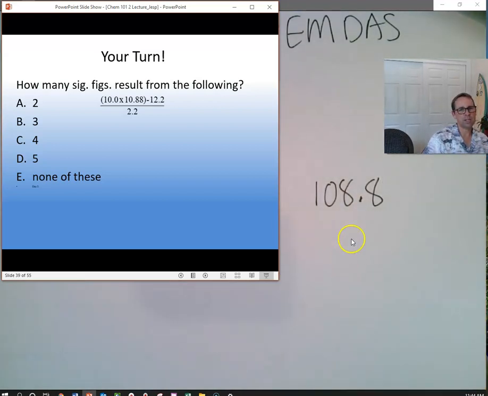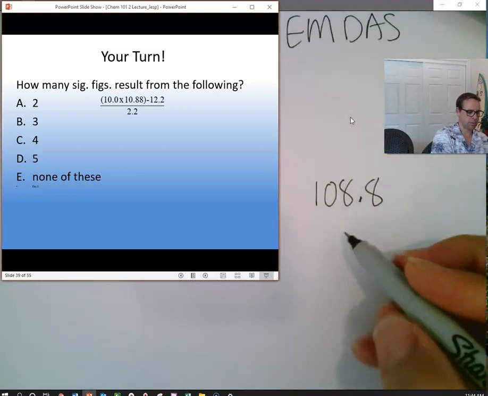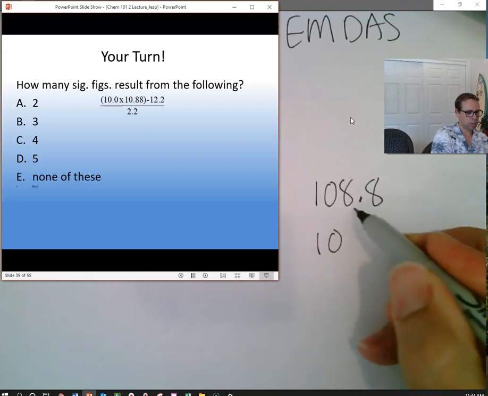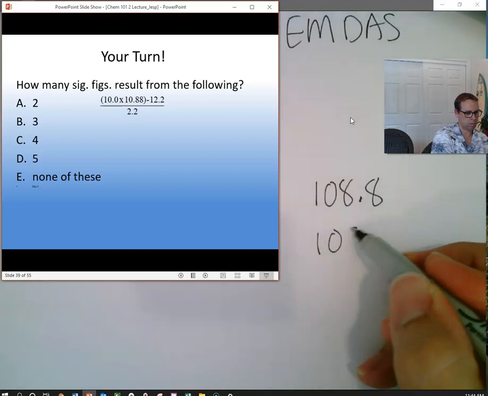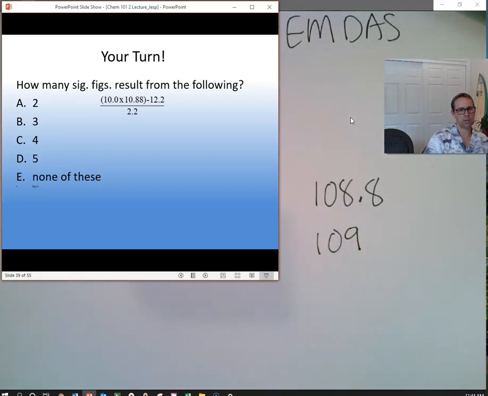And how many significant digits should I keep? I have to look up here and see how many digits were in the different numbers. This one had how many significant digits? 3. And this one over here? 4. Okay, so how many do I get to keep? 3. Very good. So what would my answer be if I only get to keep 3? 108. Not 108, because this is higher than 5, so it goes up to what? 109. Very good.